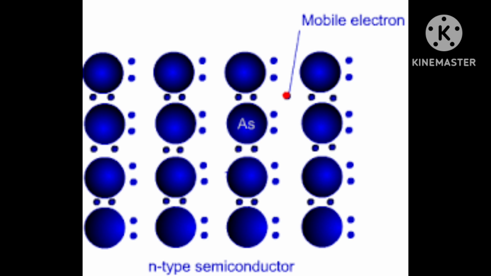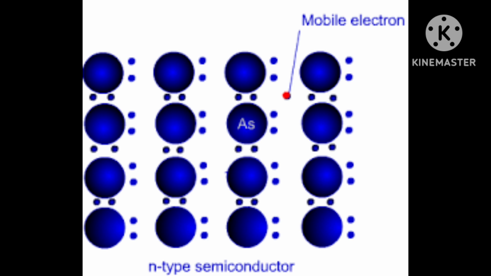And generally, silicon will form 4 covalent bonds, like SiCl4. This is common. SiCl4, silicon tetrachloride.